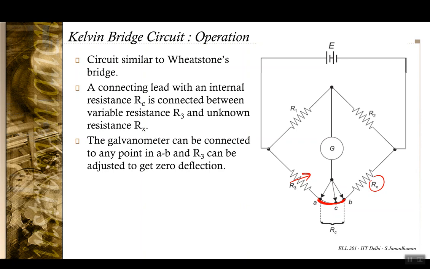So let us say this resistance is RC, and we really don't know the value of RC. All we know is that this connecting lead is uniform. The galvanometer has a wiper, and it can be connected at any point between the points A and B until a zero deflection is achieved.